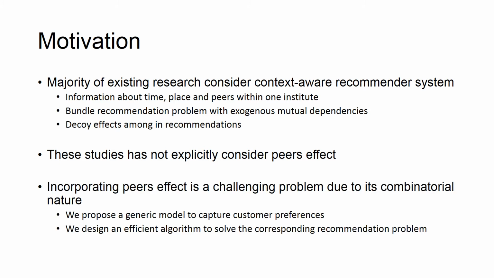Indeed, incorporating the peer-aware effect into a recommendation system is a challenging problem due to its combinatorial nature. To address this challenge, in this paper we propose a generic model to capture customers' preference, and we also design some efficient algorithms to solve the corresponding recommendation problem.